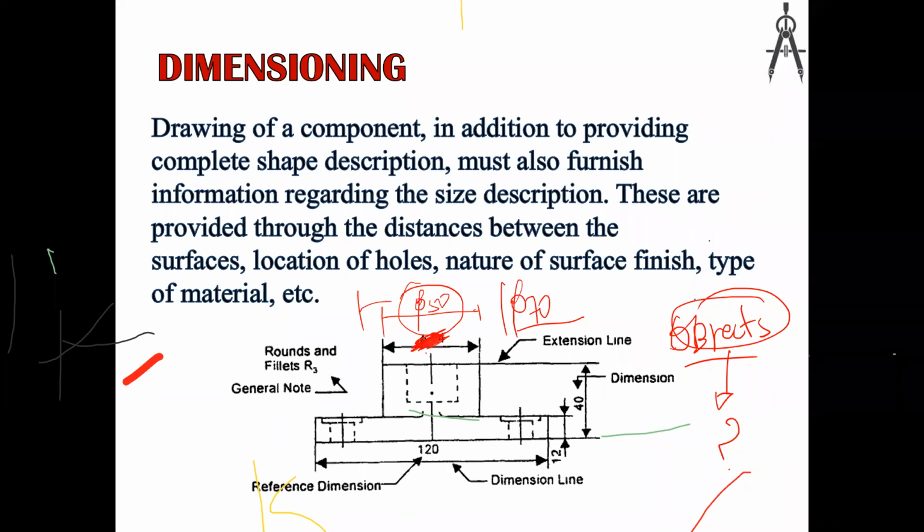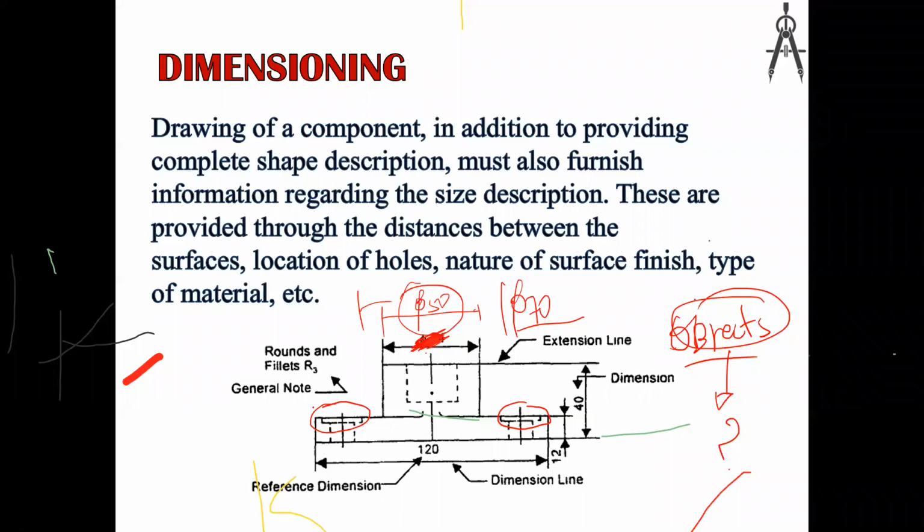So when some designer is designing a part and someone is making that drawing, you should propose it with the proper dimensions and indications. Here you can see a small depth is there.